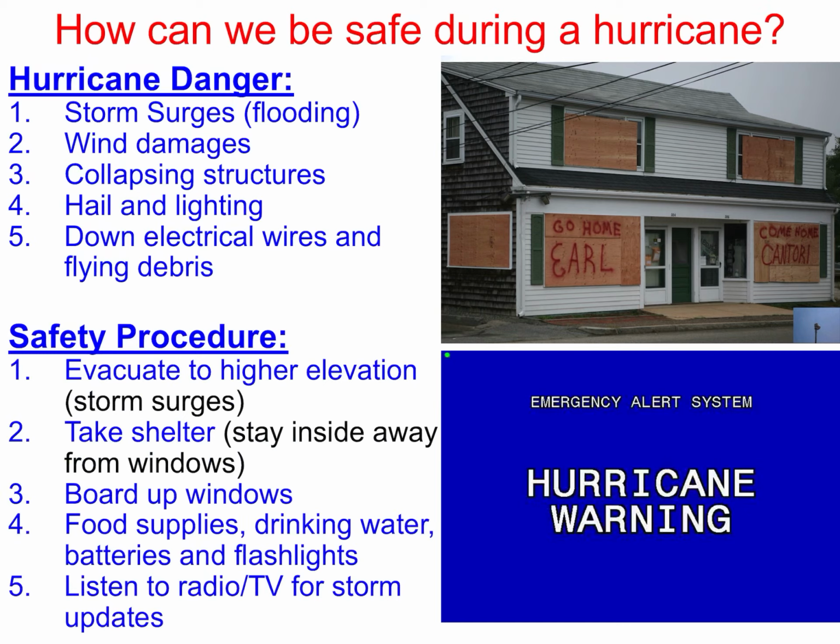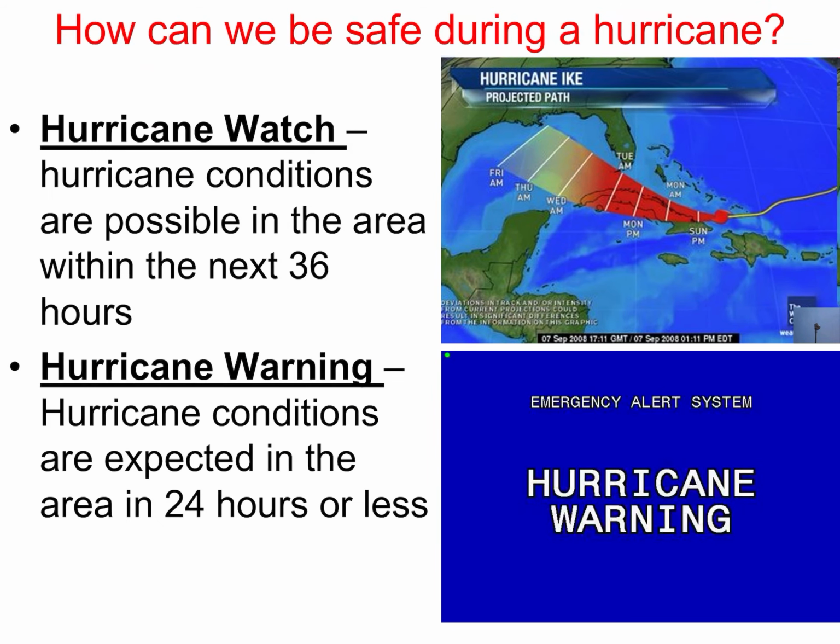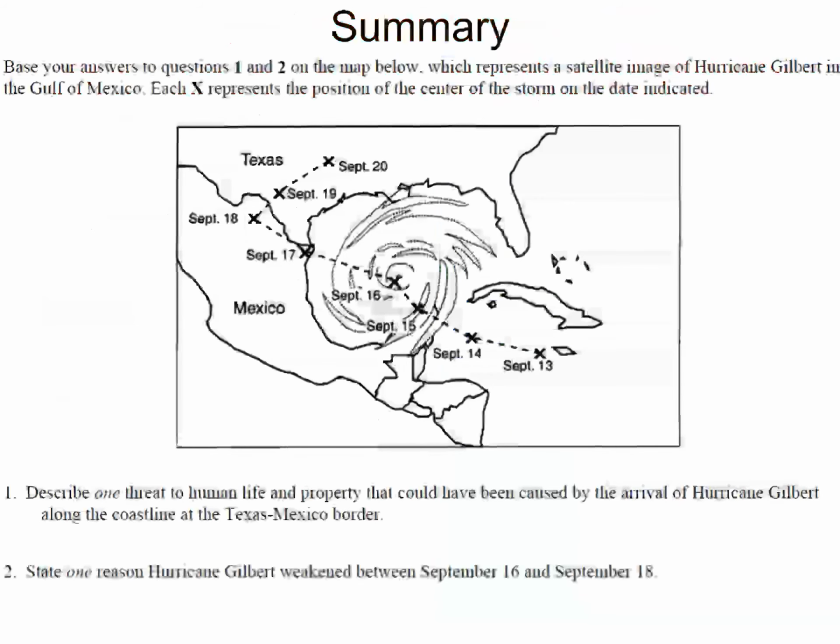Remember what I said, you want to be able to hear when you know it's safe to come out, okay? Difference between a watch versus a warning. A watch is when hurricane conditions are possible, and then a warning is when we know it's coming, okay?